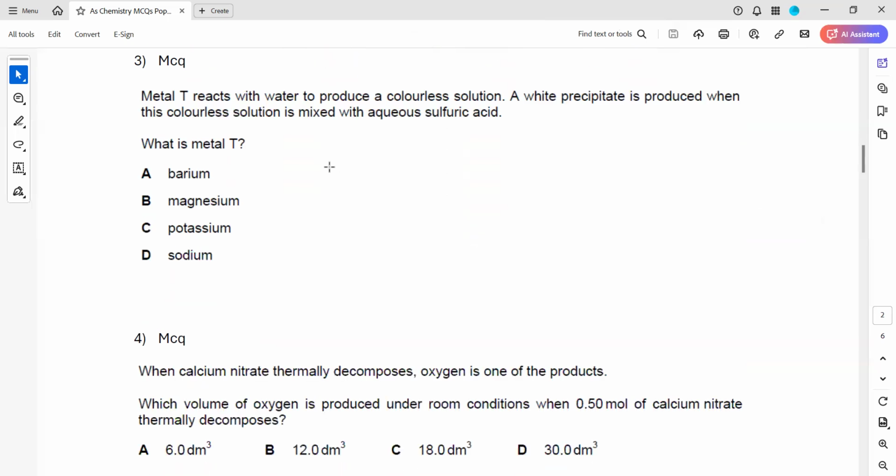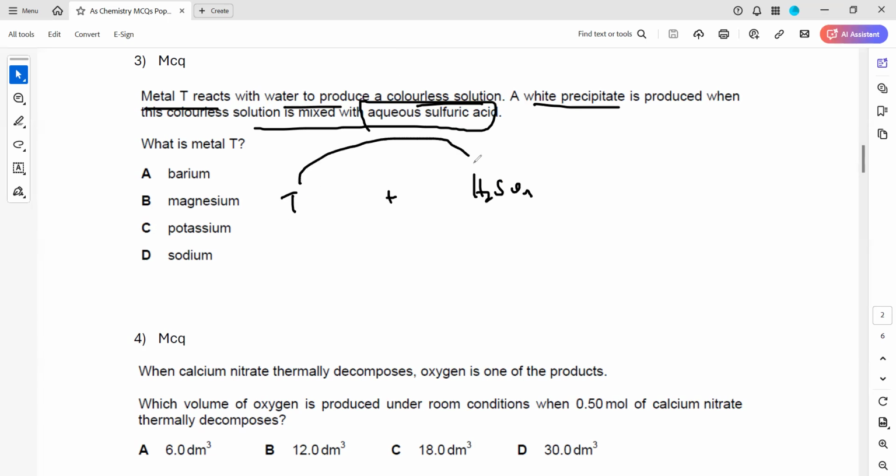In question 3, a metal T reacts with water to form a colorless solution. A white precipitate was produced when it is mixed with sulfuric acid. Whenever sulfuric acid is added and a sulfate is forming, it is forming a white precipitate.